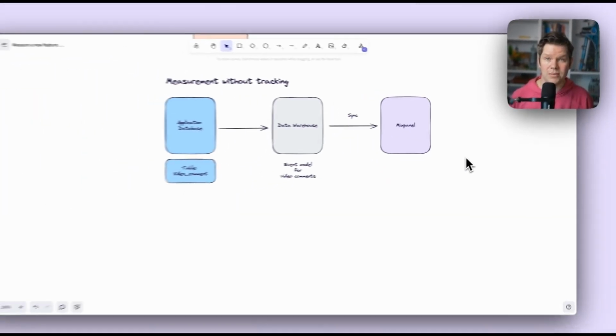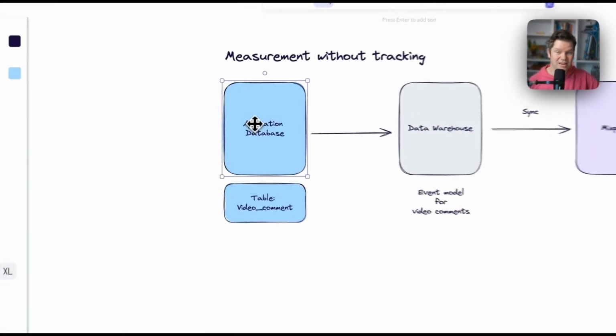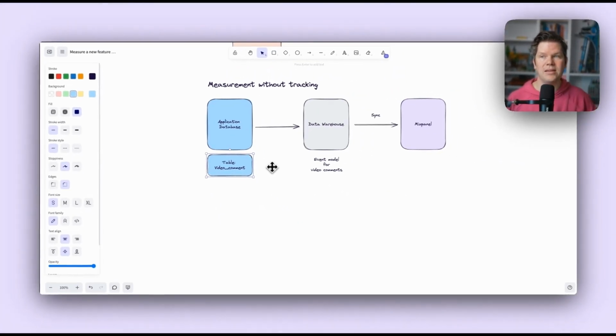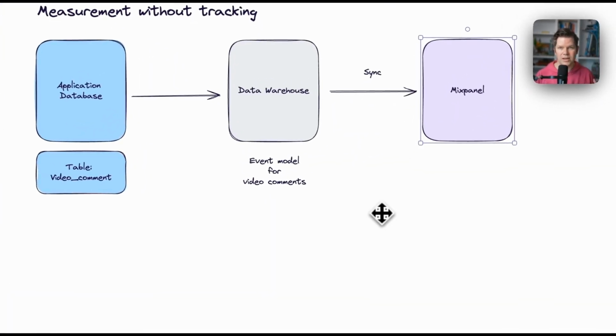For the product team that wants to understand how the feature is performing, they actually don't care where the data is coming from. And even if you need to sell this, the best selling point is that this is the baseline data. All the data that is here in our table, video comments, is the data that you will always compare the Mixpanel data against to see if the data is right or not.